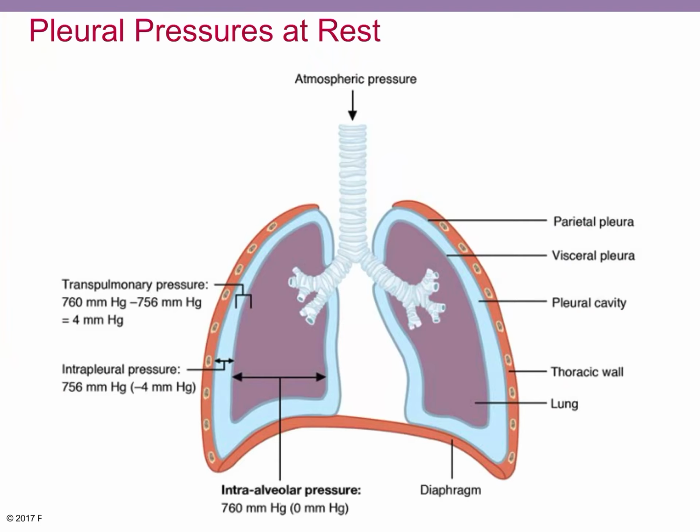All right, so now let's start taking a look at some pressures while we breathe. Air moves in and out of your lungs by bulk flow down a pressure gradient. And air, like anything else, moves from high to low pressure. When you inhale, your lungs have less pressure than the atmosphere.